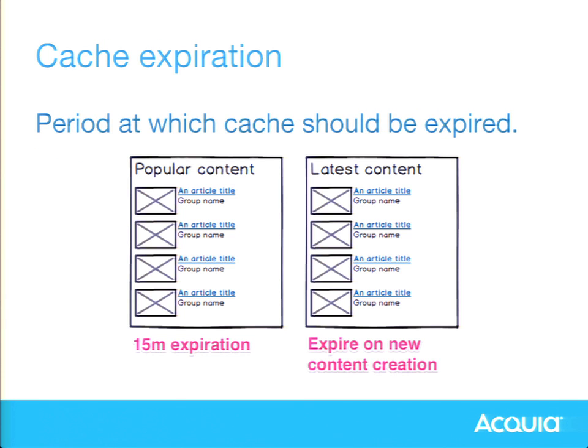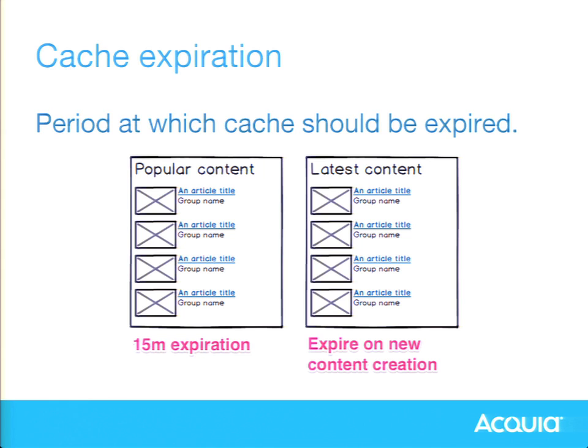So cache expiration is what triggers the cache being expired. In this example, the popular content block on the left, if we build that block and we cache it, at some point we want to rebuild it. And we have to define when we rebuild it.